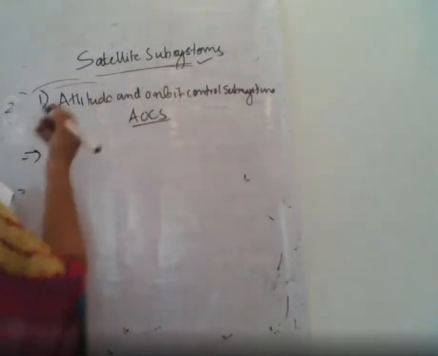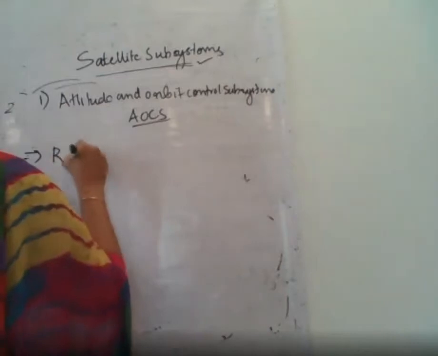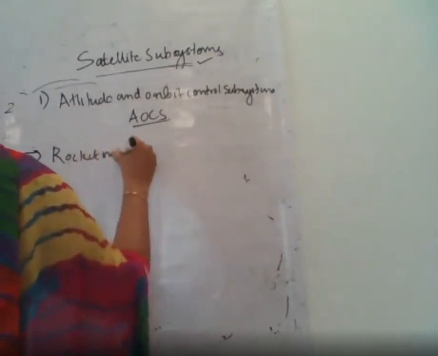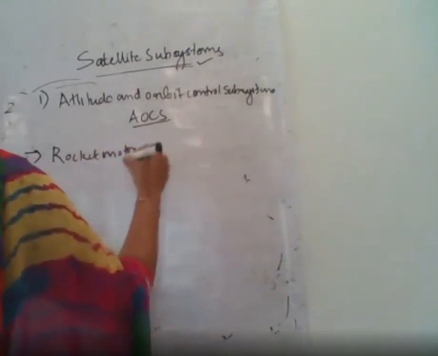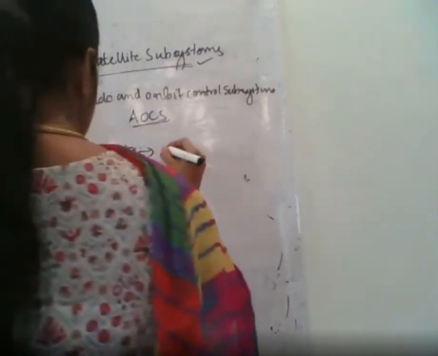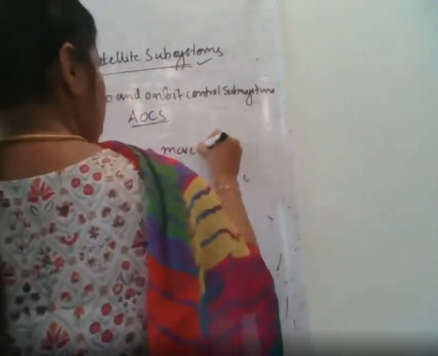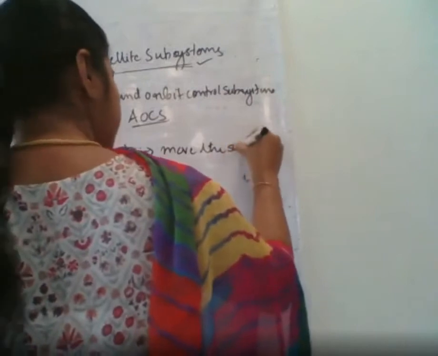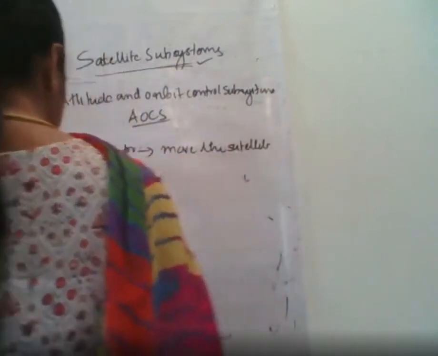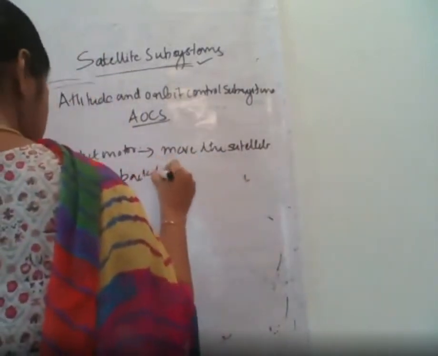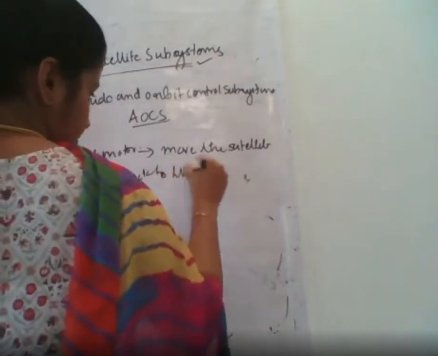Here, this subsystem consists of a rocket motor, and this rocket motor is used to move the satellite back to the correct orbit.